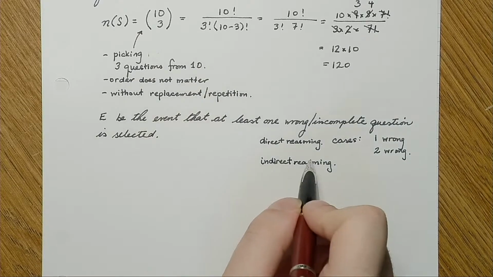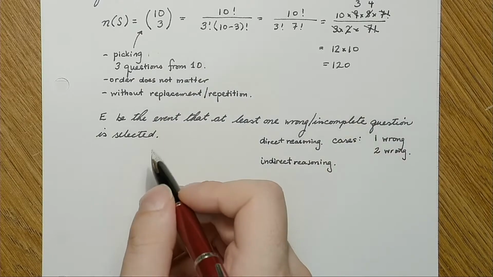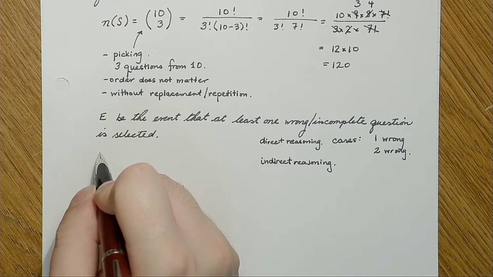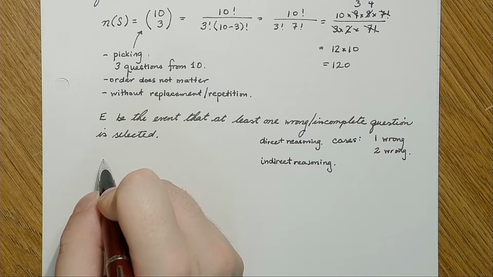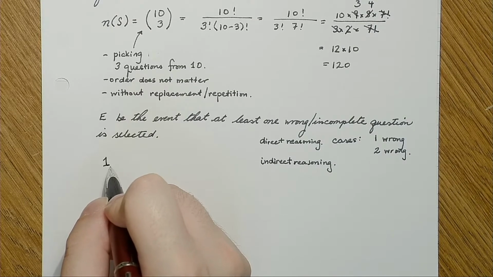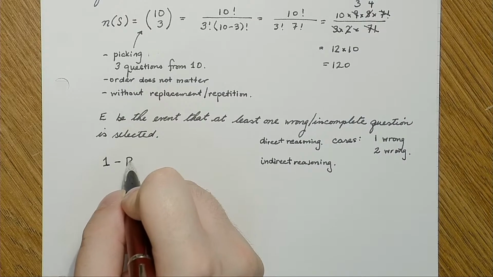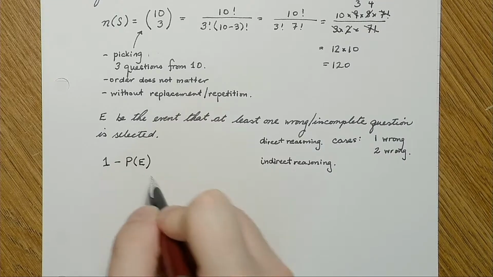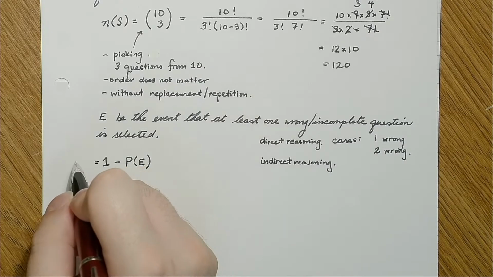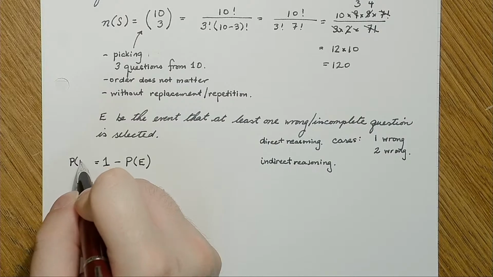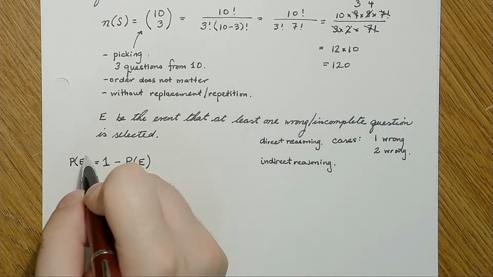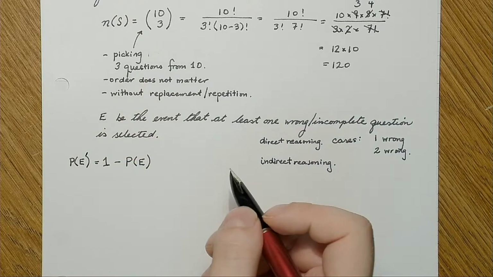So what we're going to do is look at all the possible, which is the probability is 1 minus the probability of E. And that would be the complement.